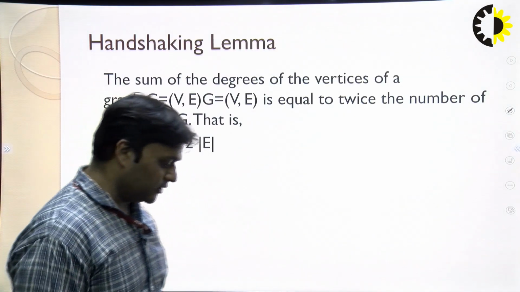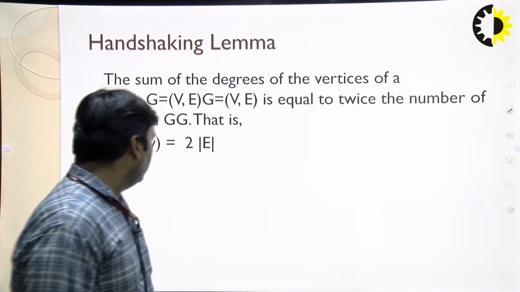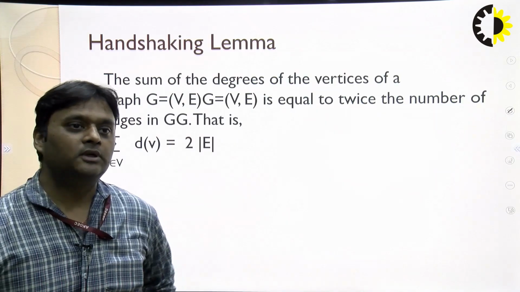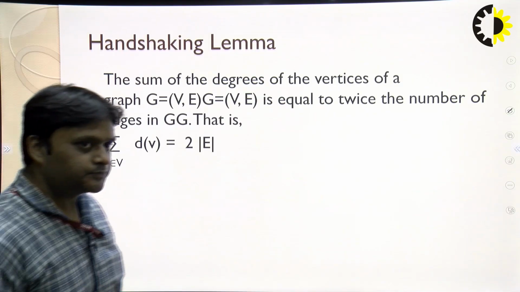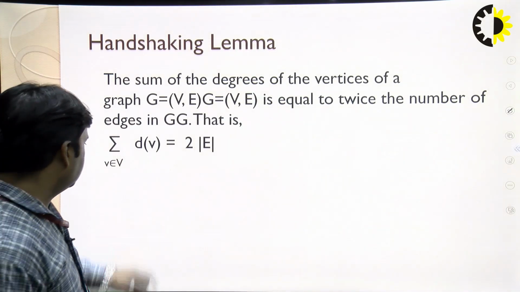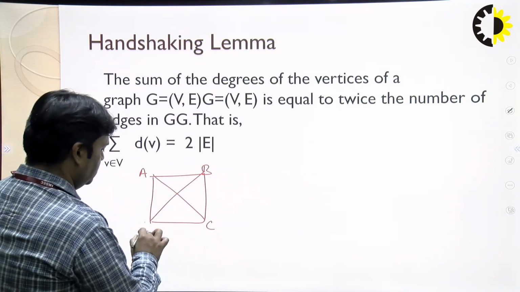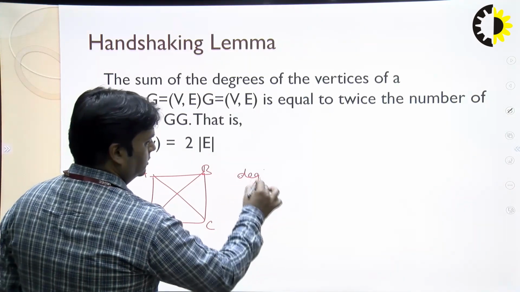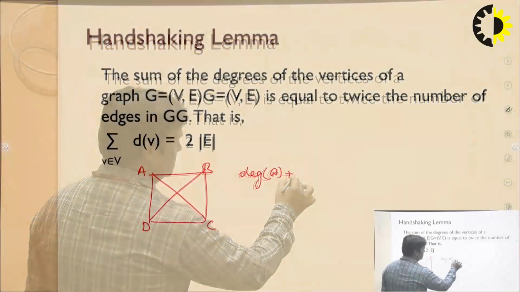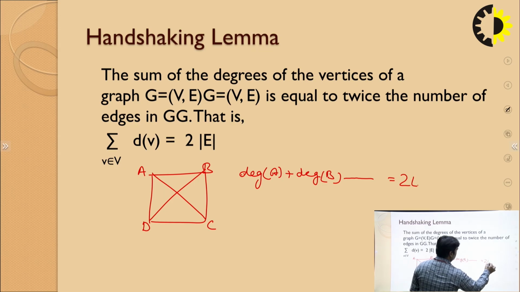This is the handshaking theorem, which explains the degree of vertices in terms of edges. Summation of d(vi) equals 2e. If there is a graph with vertices a, b, c, d, then degree of a plus degree of b and so on equals 2e.